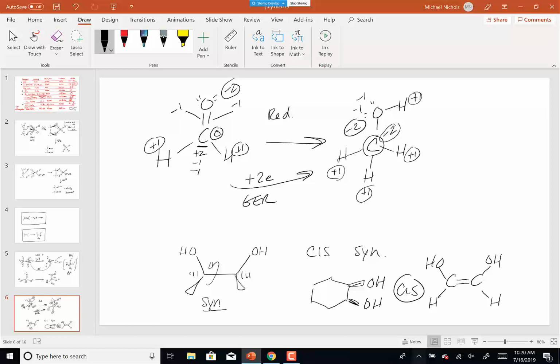Right. So cis would be appropriate for either one of these two molecules, but calling this acyclic system cis, there would be a lot of people that would say, don't do that.